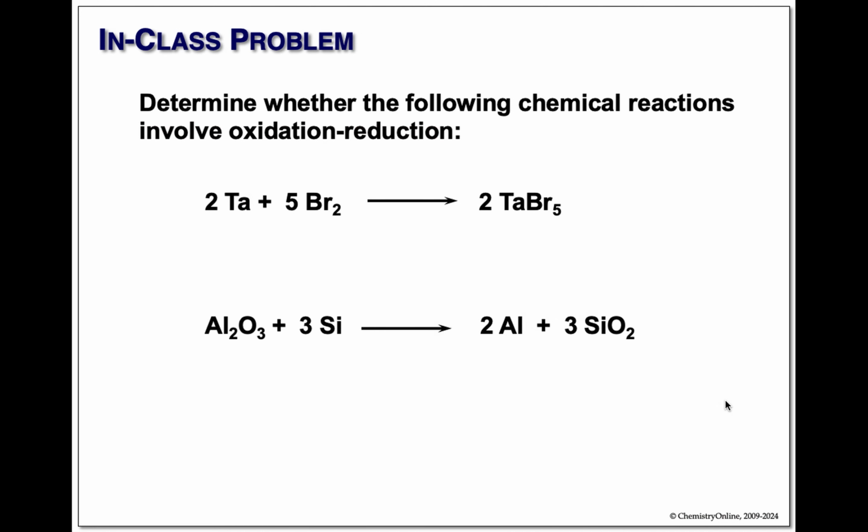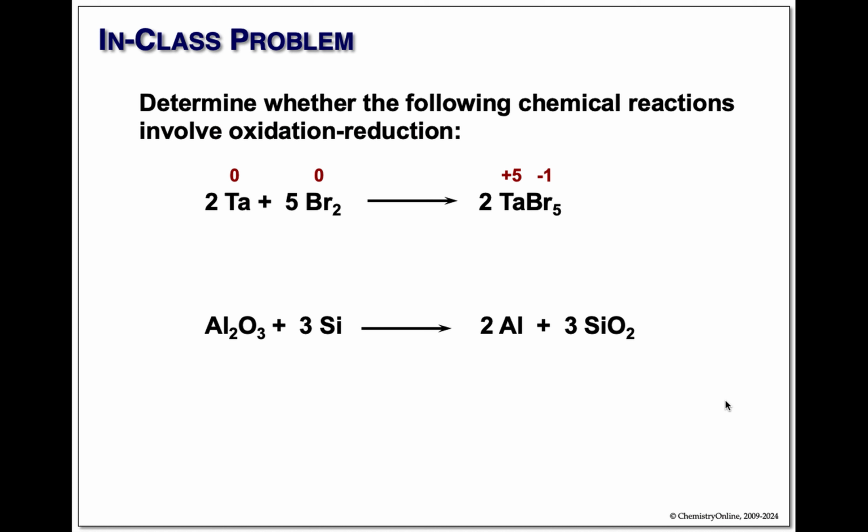All right, let's just determine if these are redox or not, and pick out who is oxidized and who is reduced. In our first one here, we have tantalum reacting with bromine to give tantalum bromide. Both of these are elements. They're zero.